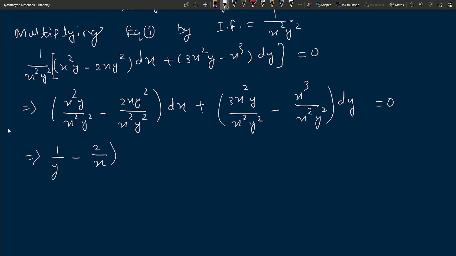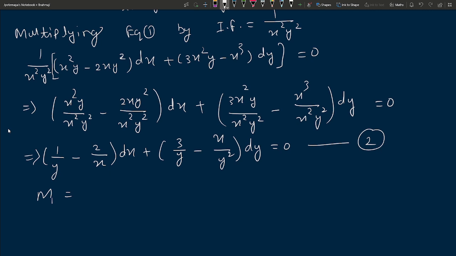So (1 by y minus 2 by x) dx plus here x square cancels, this is 3 by y, minus here x cancels, this is x by y square, dy equal to 0. So your new M, I will write this as M1. This is my equation 2.